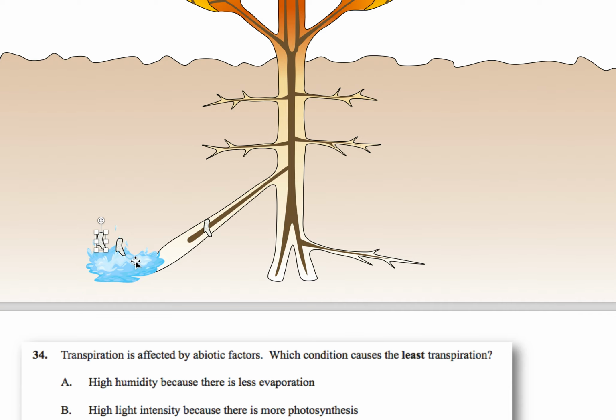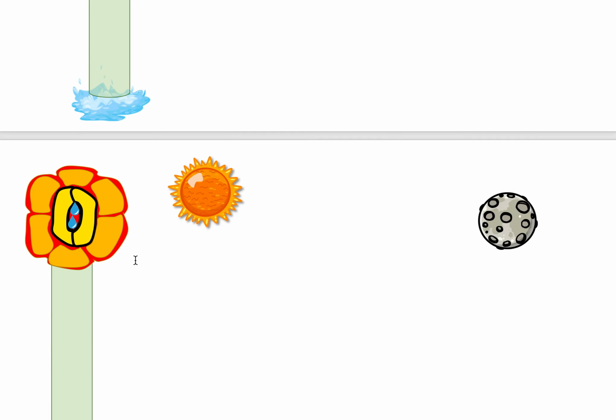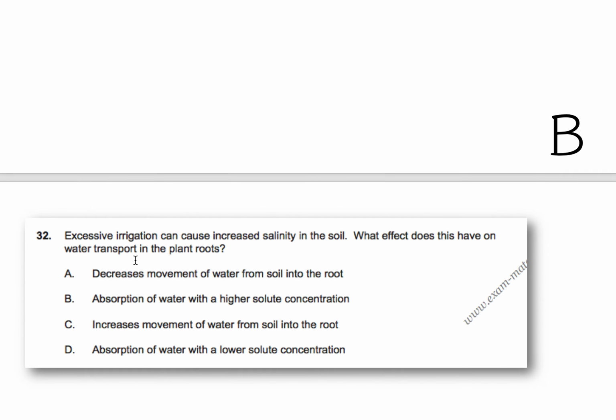Let's go back to it. So they're saying excessive irrigation can cause increased salinity. Salinity means water with salt in. So you have a higher amount of salt in the soil, okay? A higher salinity. So you have more salt in the soil now.